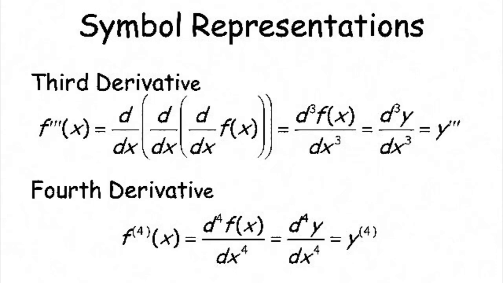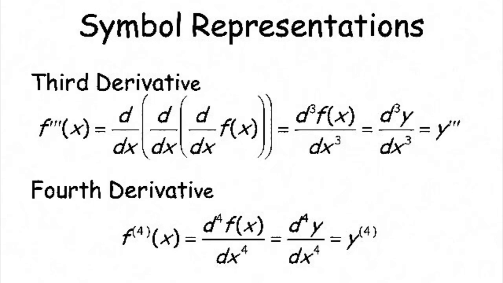And in the denominator we have dx, dx and dx. So when we multiply it, it will come dx cube, and that is why we got d cube of f of x upon dx cube, or d cube of y upon dx cube, or y triple dash.